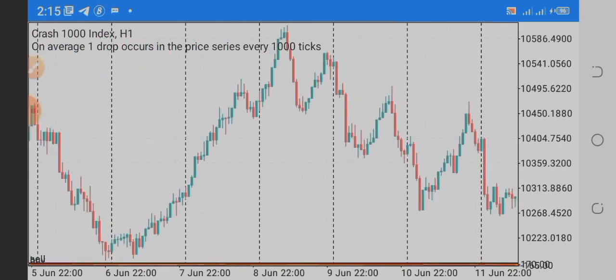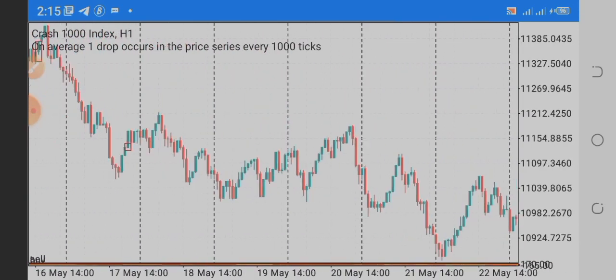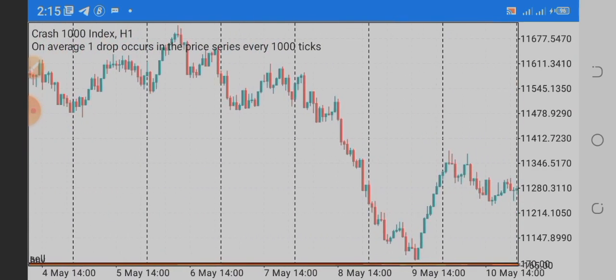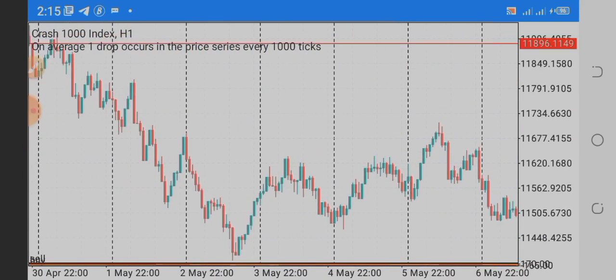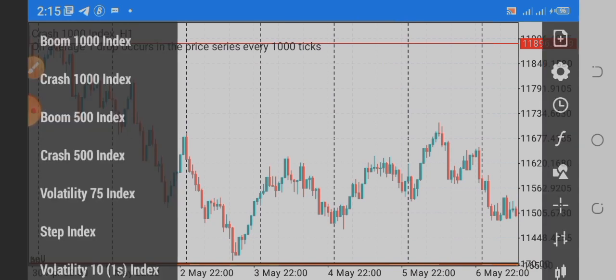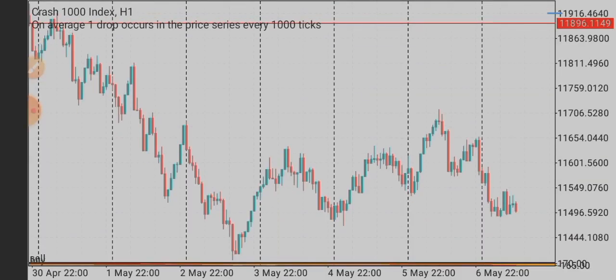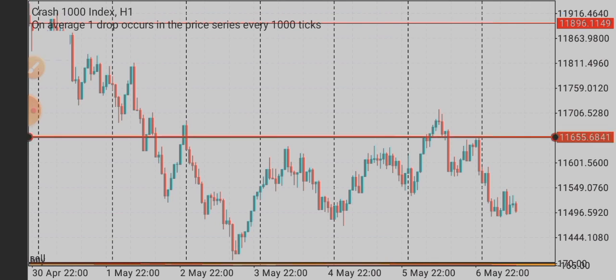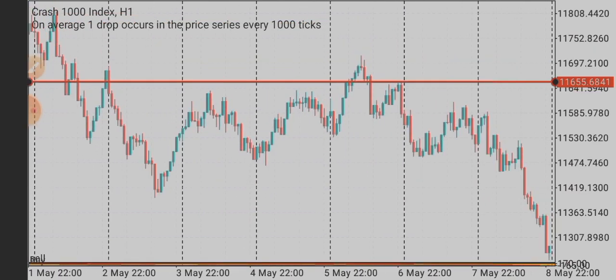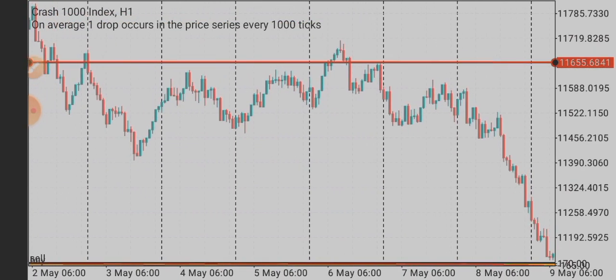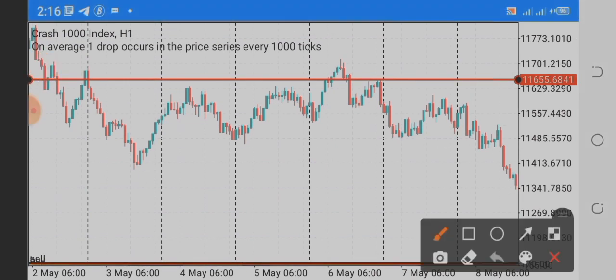I want to get a perfect place where you can draw your resistance. All right, let me just use this here. So as you can see, what happened here?